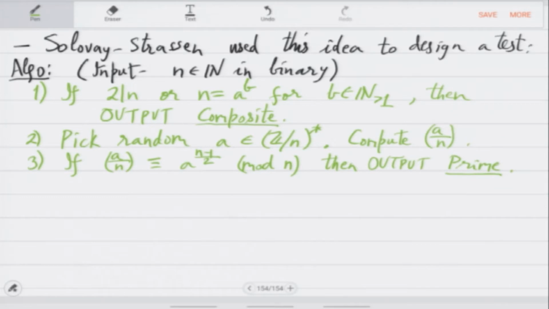Otherwise, if this congruence fails, then you definitely know that n is composite.